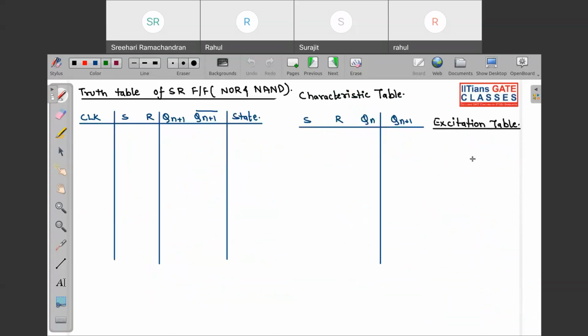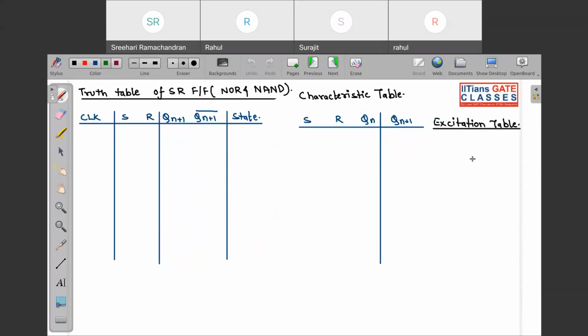Now let us write the truth table of SR flip-flop combinedly. How do we write it? Simultaneously we are going to write NAND and NOR. In a question they will tell you that an SR flip-flop has been constructed, but they won't say whether it is NOR or NAND.